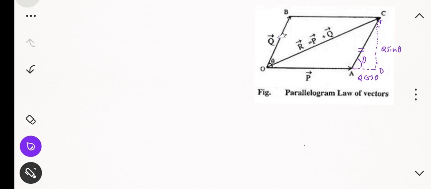Opposite sides are equal. This is the angle between the resultant and the vector p bar. Now we have to calculate the direction of the resultant.